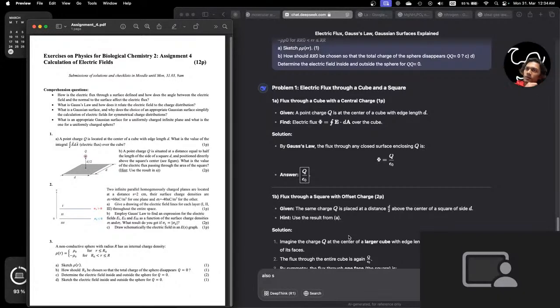Okay, so directly above the center of the square, that means it's on one of the planes, right? Yeah, it's on one of the faces. So what does that mean?